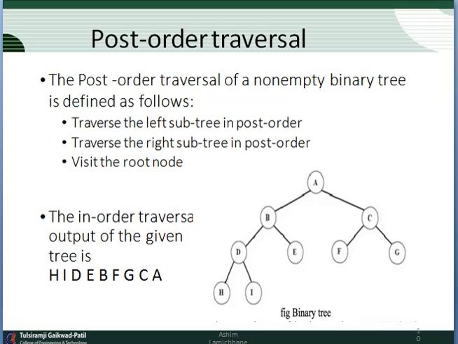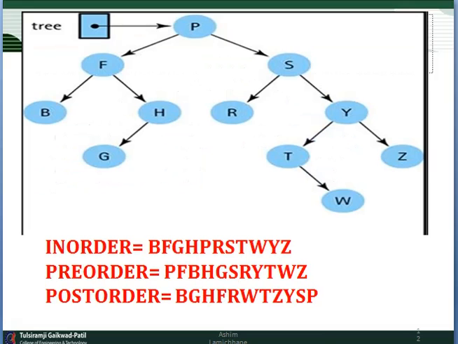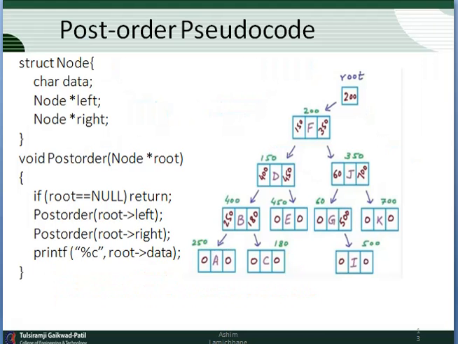First of all we have to visit the left subtree in post-order, then the right subtree again in post-order, and then at last we visit the root node. For this given diagram, the in-order, pre-order, and post-order are mentioned over here. Simple. If we follow the algorithm, we can definitely get the perfect answer for any particular diagram, not only for this diagram.